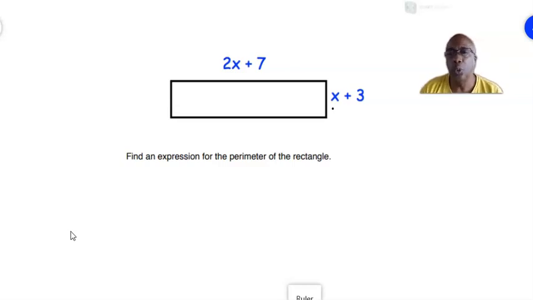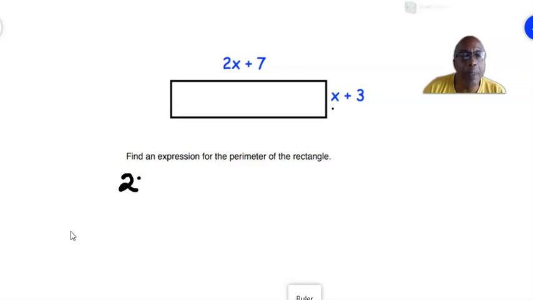But you also should know that the opposite sides of a rectangle are equal in length. So it means that you have two sides of length 2x plus 7, that's the two long sides, and two sides of length x plus 3 each. So the expression you want is, you add the lengths.